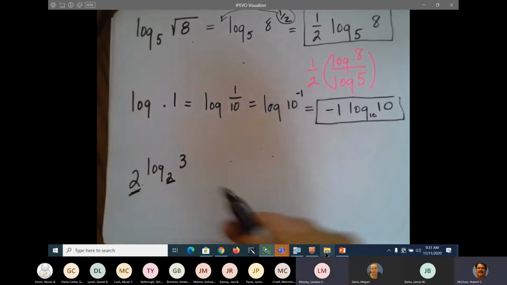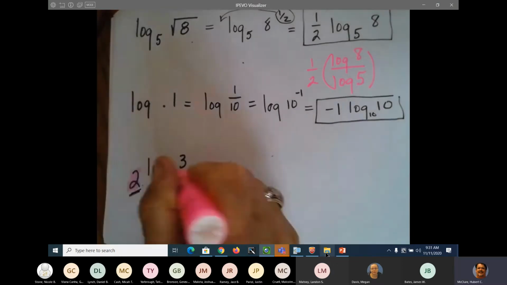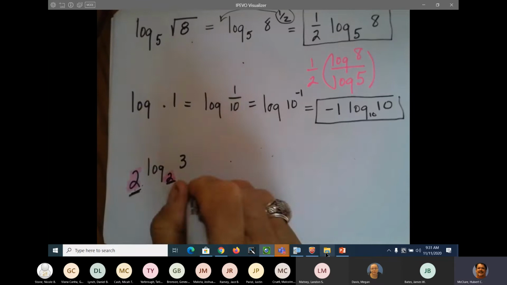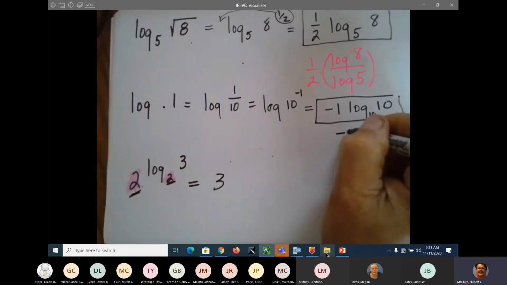Those two are the same, and if they're equal, then the answer is 3. They're equal, so the answer is 3. And this answer could be -1.